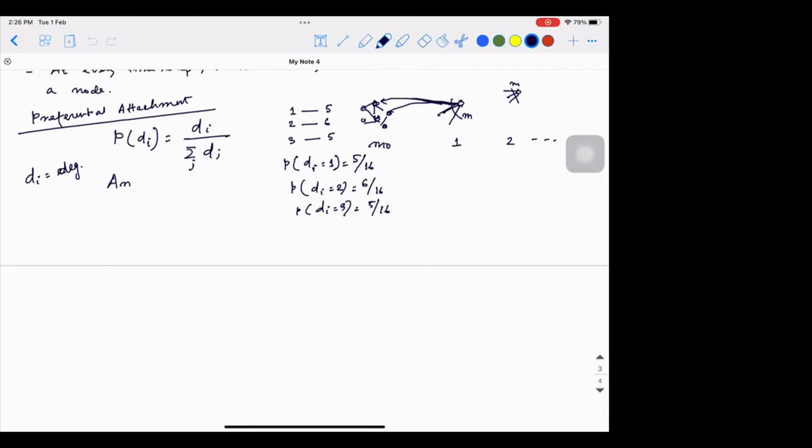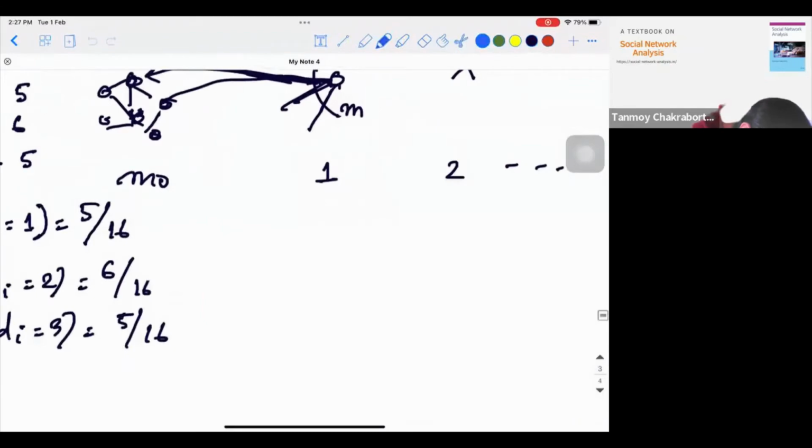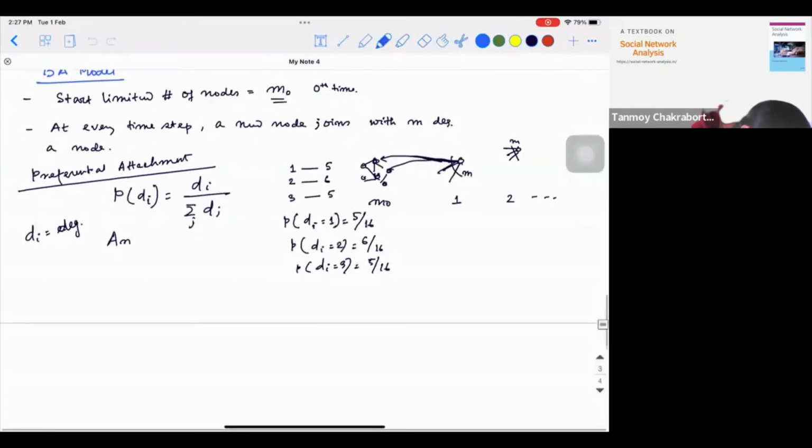Say for example, in this case, let's assume that this is 1. Okay, so a network looks like this.